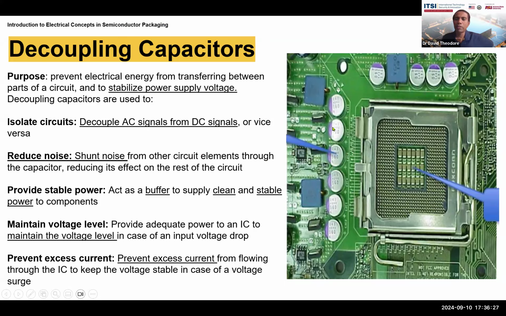The purpose of these capacitors is to smooth out the power supply coming to the chip. These capacitors are larger. In addition to this, we see a blue arrow coming from the right, pointing to ceramic capacitors.